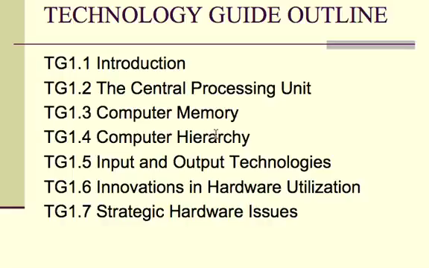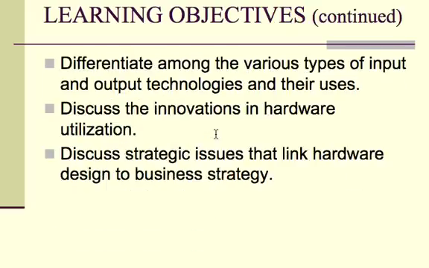And the model that they show here is pretty much every computer that's ever been built has been built off of this framework. And it's going to talk about computer memory, the difference between primary and secondary storage, and there's a lot of different directions that all of this is going, and that's sort of what I want to concentrate on in this short video here, and then some different input and output technologies and innovations.